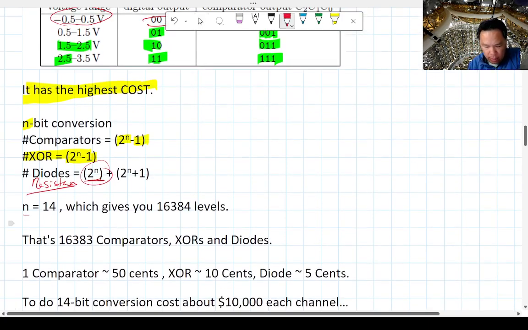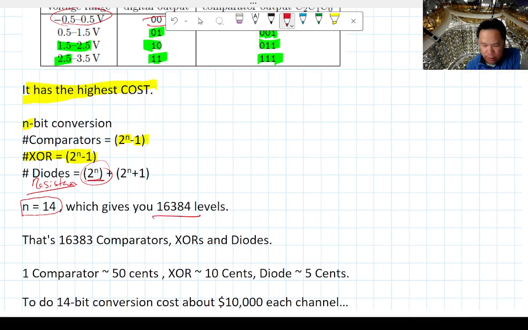Let's say we want to do a 14-bit flash ADC conversion that gives you 16,000 levels of analog to digital input.